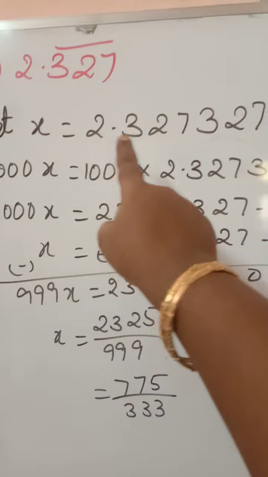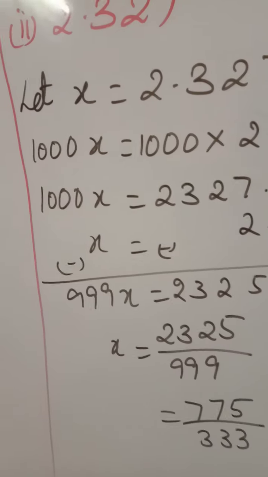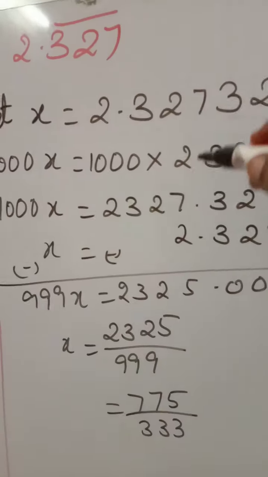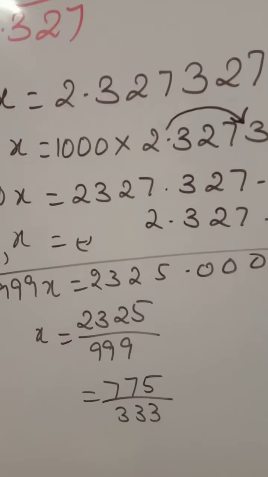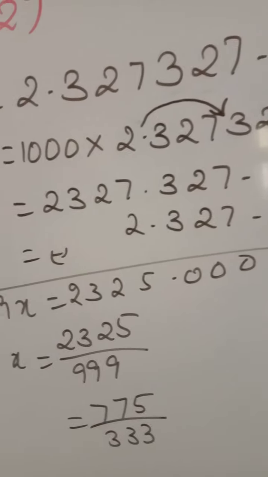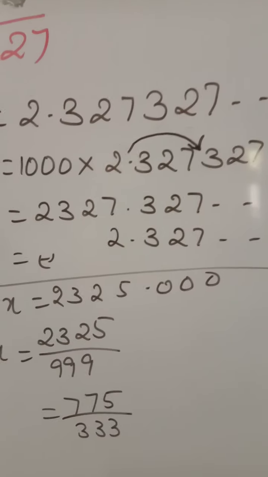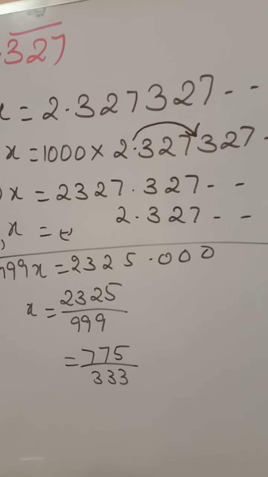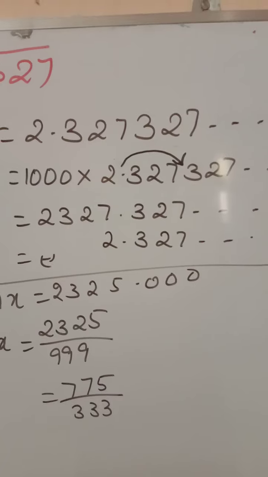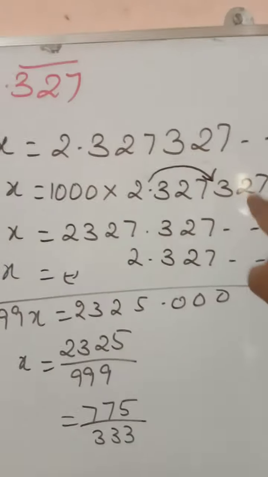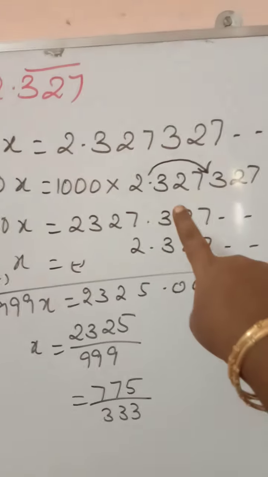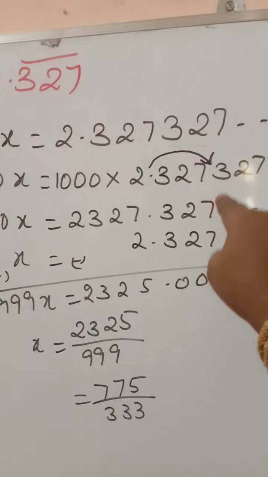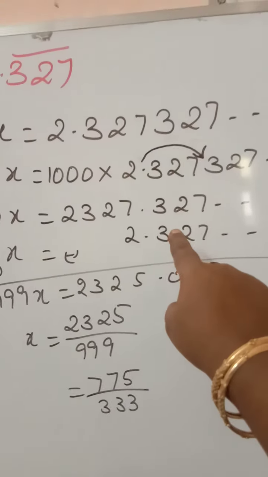1000x equal to 1000 into this number. When you multiply by 1000, the point will move after 3 digits. Why is the point moving after 3 digits? Because you are multiplying by 1000, that is 10 power 3. So after 3 digits, what do we get? Left hand side 1000x, right hand side 2327.327, etc. Can you understand?